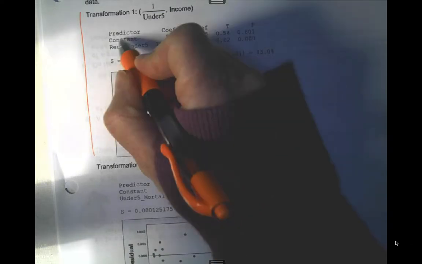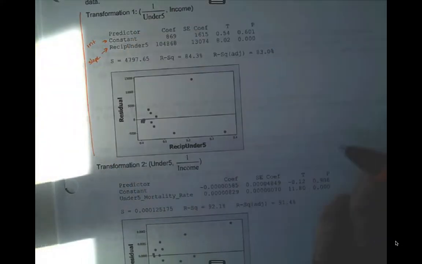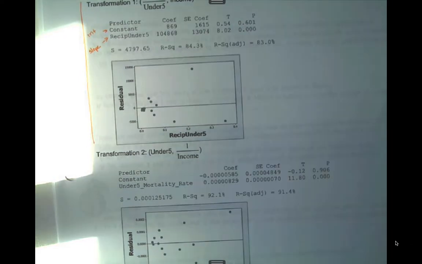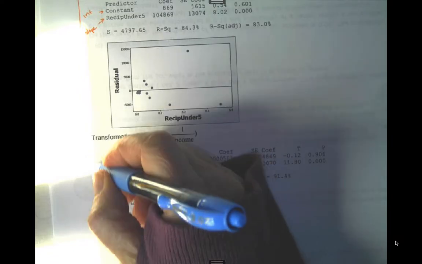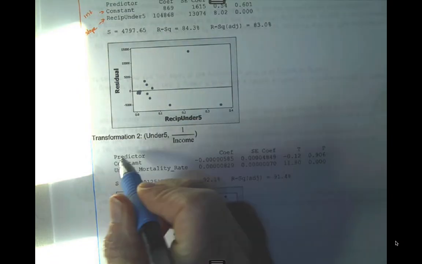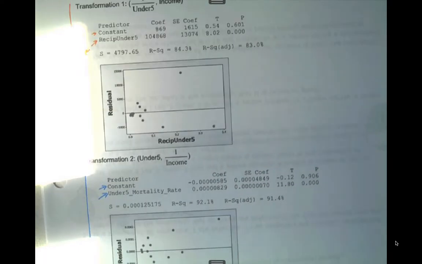Again, this first line still relates to your intercept, and this line still relates to your slope. In the second transformation, you'll notice they didn't transform the x variable, they transformed the y variable. But again, this still relates to your intercept, and this one still relates to your slope.